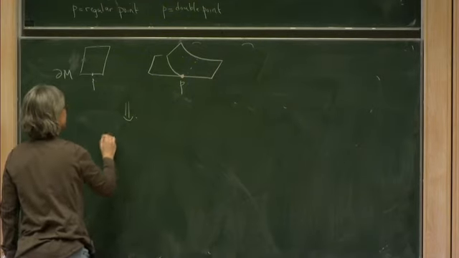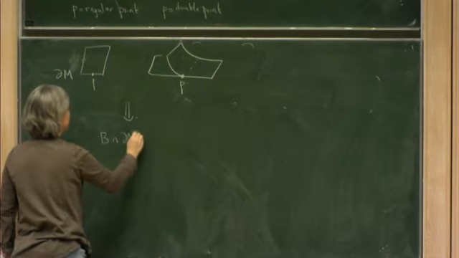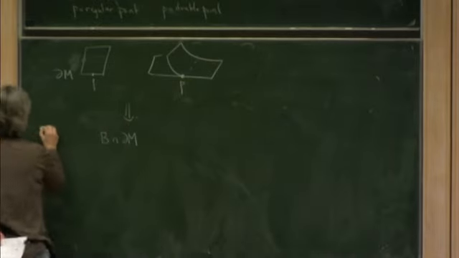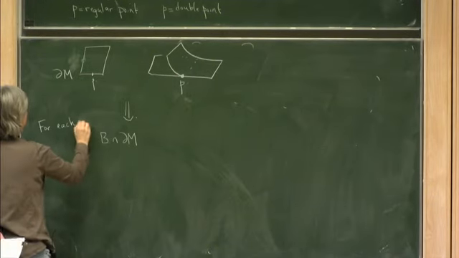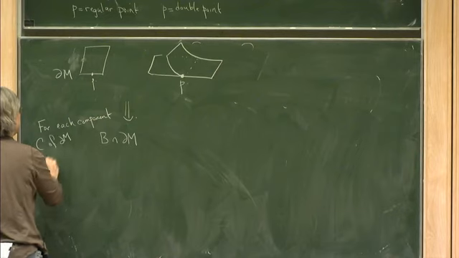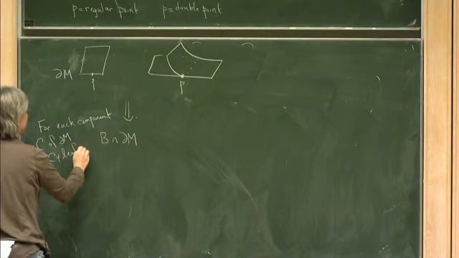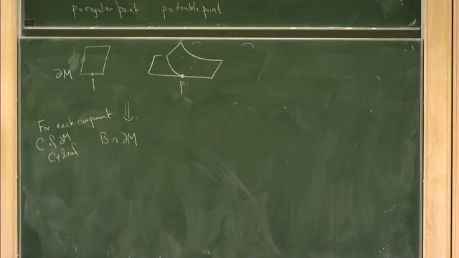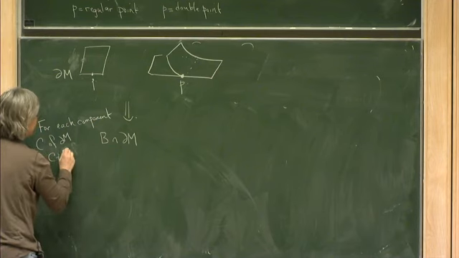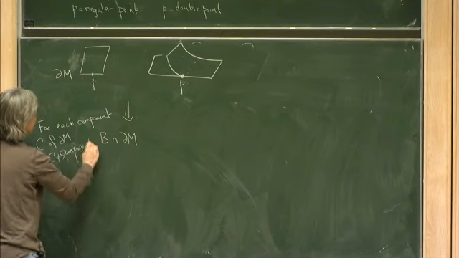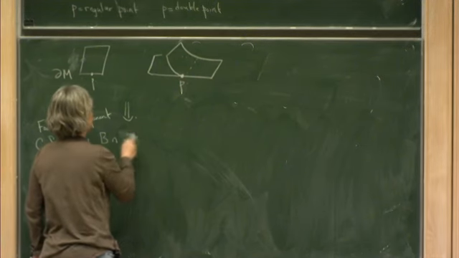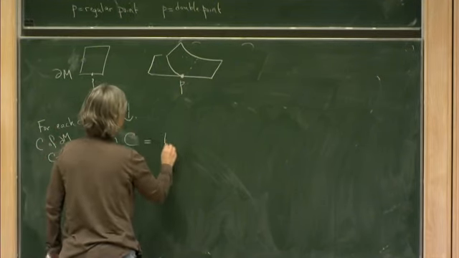This is telling me that B intersect boundary M is either a leaf of F, so for each component C of boundary M, C not a leaf of F. Oh, I don't even have an F here. Ha ha ha. For each component C of boundary M, C not equal to a component of B, B intersect C is equal to a train track or empty.